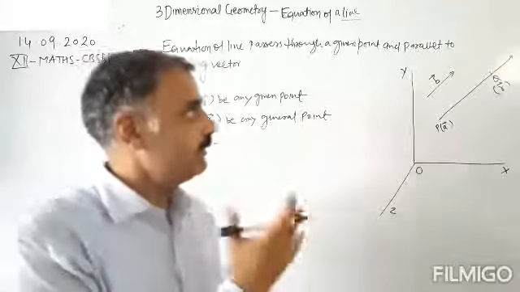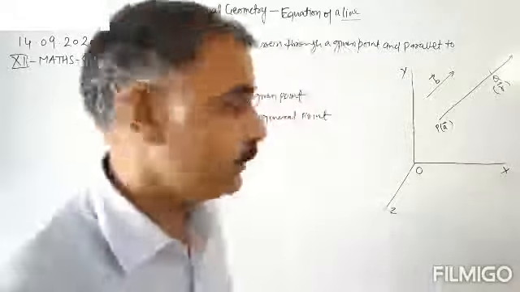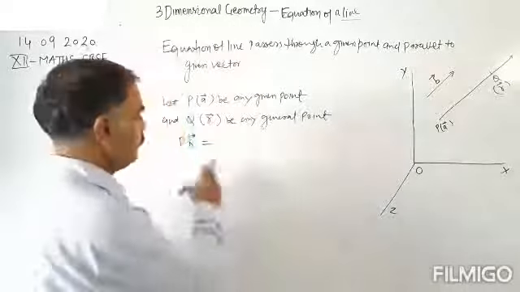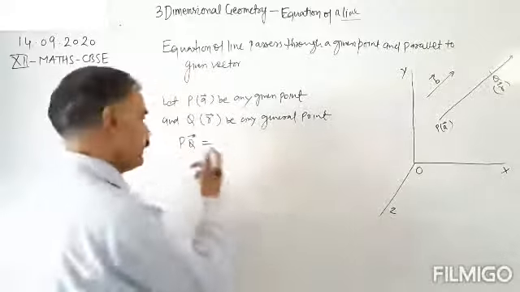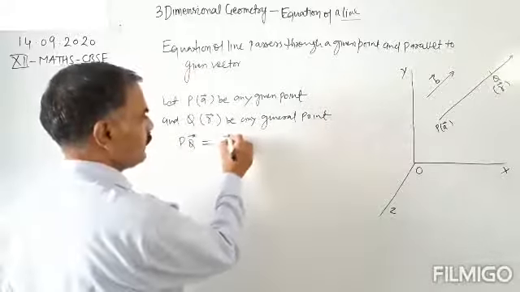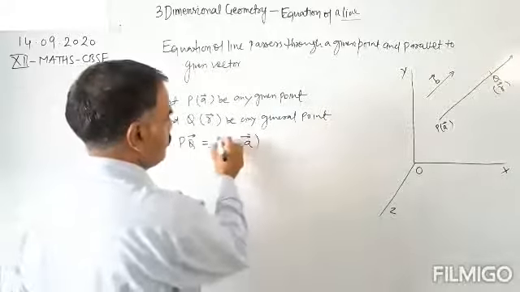We will find the PQ vector. PQ vector equals the position vector of Q minus the position vector of P, that is R vector minus A vector.